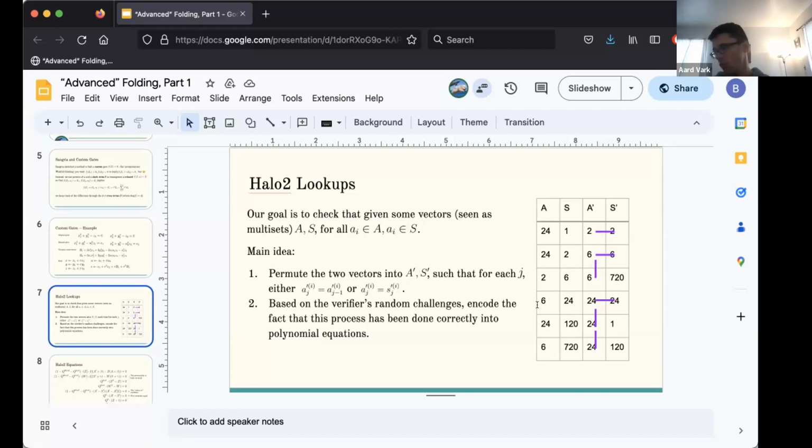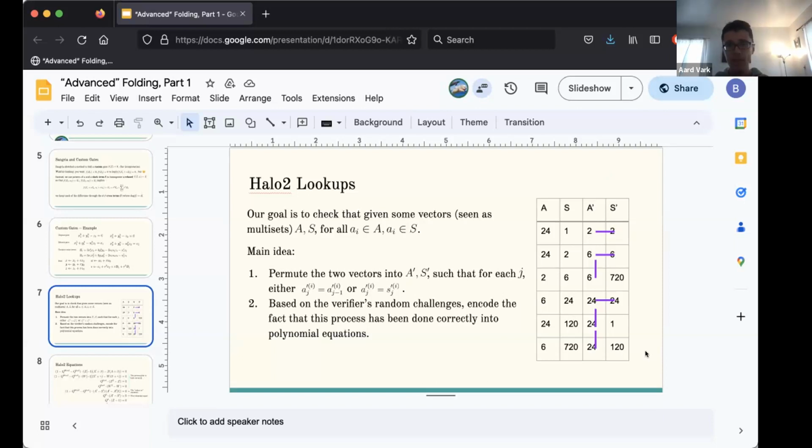And well, there are different ways to do this, but in Halo 2, what they do is they rearrange A and S. They permute them in such a way that A prime is a permutation of A, and S prime is a permutation of S. We've just rearranged the entries.